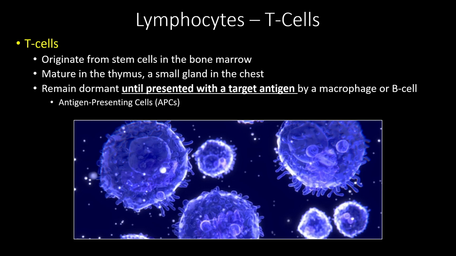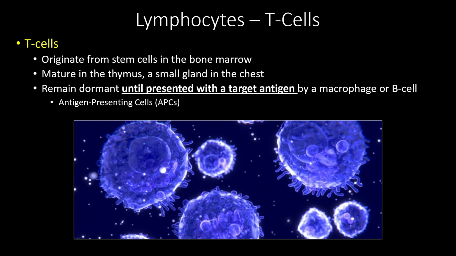So then we have T cells. Okay, T cells are the other major kind of, these are all white blood cells, by the way, that are part of our adaptive immune system. Okay, so these actually originate from lymphocytes. T cells and B cells both. They both arose from lymphocytes, and then differentiated based on where they matured.